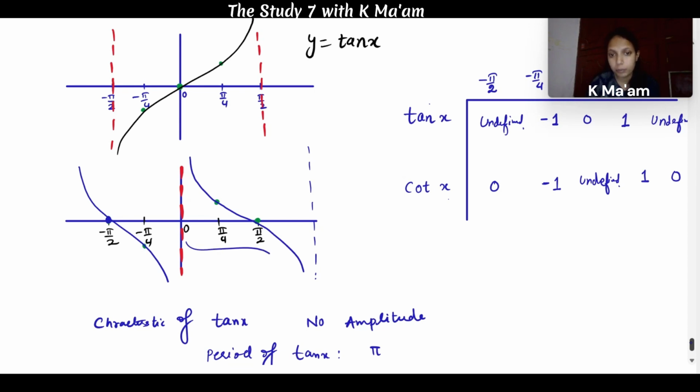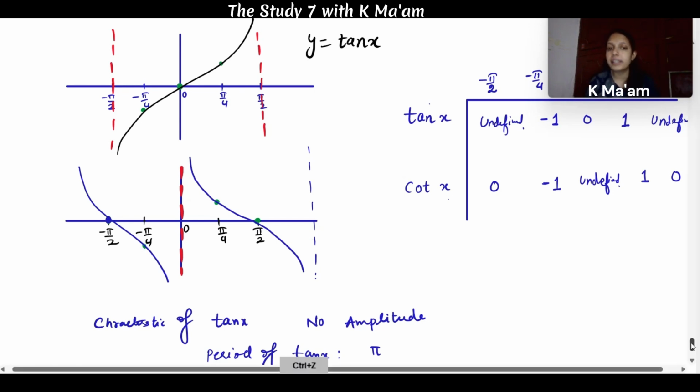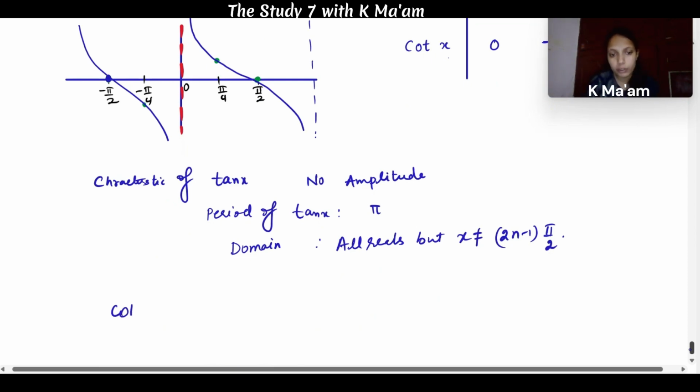So from 0 to pi, the period is pi again. Tangent and cotangent have the period pi. Amplitude: no amplitude. Domain: cotangent is not defined at integer multiples of pi.